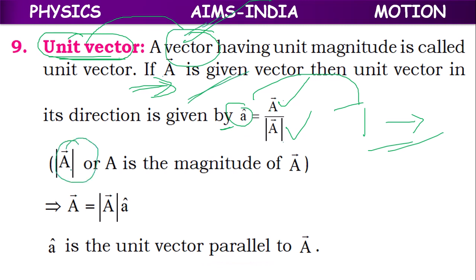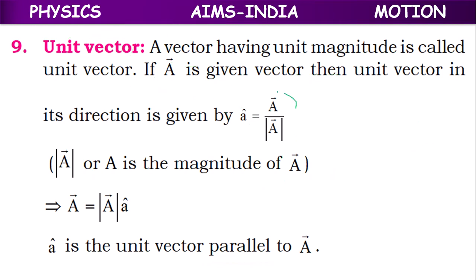Modulus of A bar, or only A without bar and arrow mark, is called the magnitude of A vector.